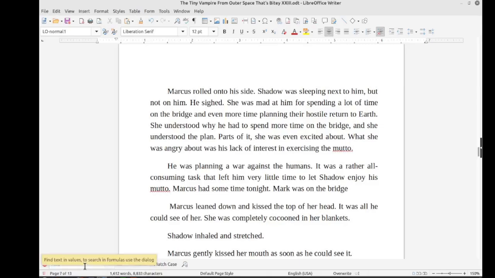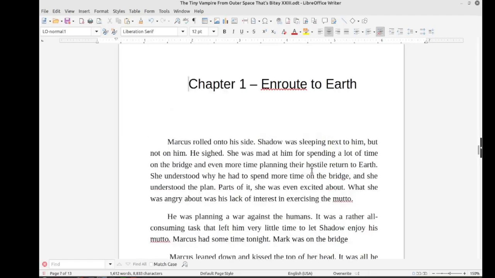And we'll start with just the tiny vampire from outer space that's Bitey 23. So this is a story that I just started, and I'll be working on it more after I finish the horror of the Kazumari statue, Greed statue. But this is book 23. So let's see.